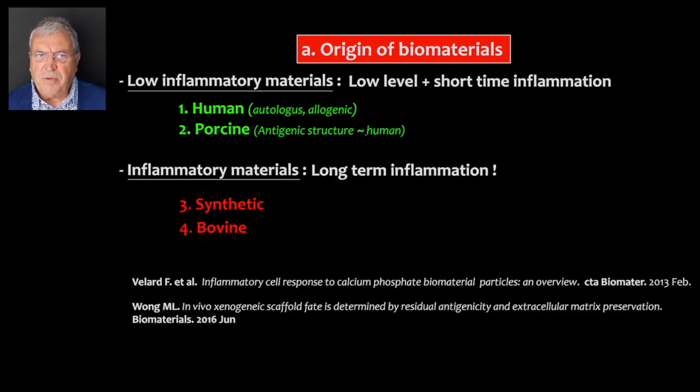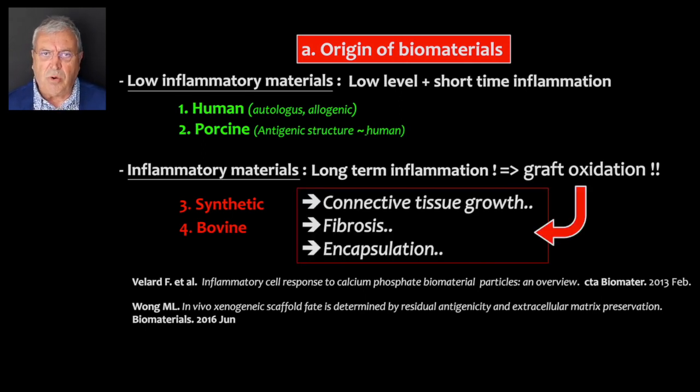When we use inflammatory materials such as synthetic or bovine, we will meet a long-term inflammation, leading to oxidation. And this oxidation in the graft will be the origin of the connective tissue growth, the fibrosis, or the encapsulation.